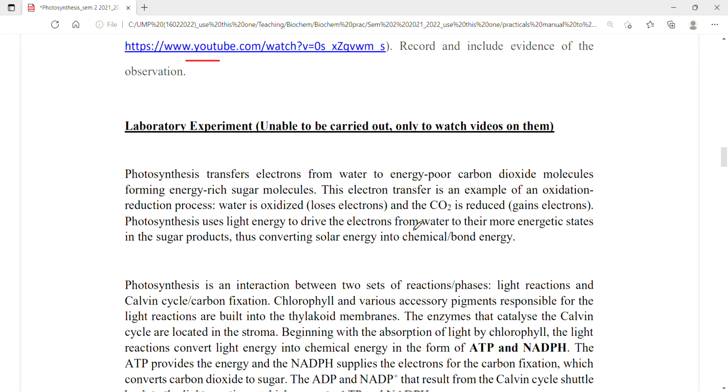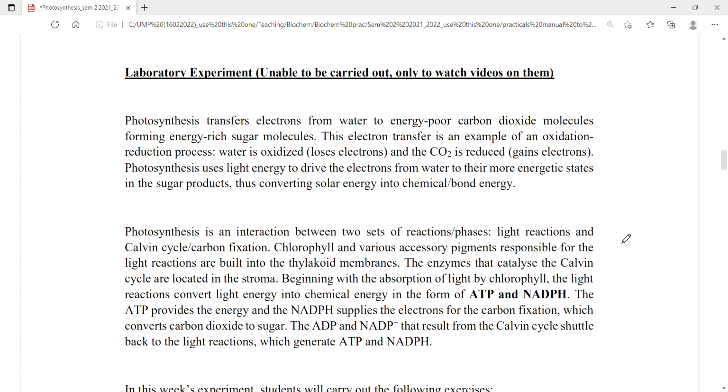Okay, and next, for sure we cannot do the laboratory experiment that we intended to do, part 1 and part 2, but it involves the light reaction, and the light reaction has two photosystems, PS1 and PS2.